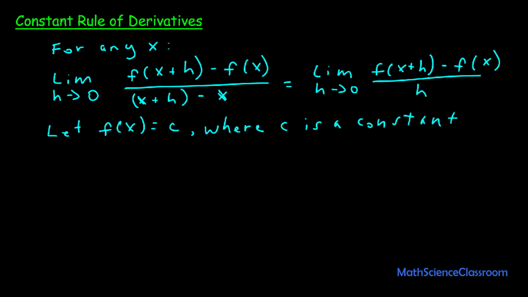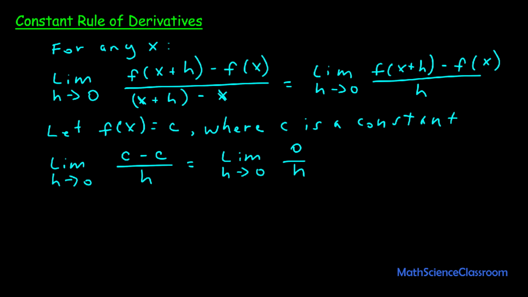So if f of x equals c, where c is a constant, the limit as h approaches 0 of c, so f of x plus h is constant, minus f of x, which is also a constant, over h, equals the limit as h approaches 0 of 0 over h.